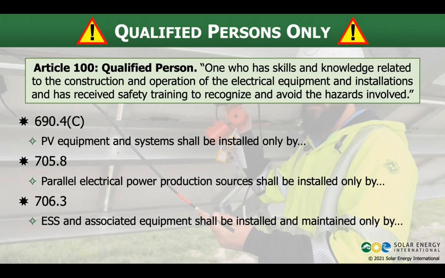Now this one's a little tricky because in a lot of places, how do you become a qualified person? Well, in some areas, it's, hey, I passed a contractor's exam, I'm licensed, and I have insurance. I'm able to pull permits, I'm able to call for inspections, I'm able to sell the equipment and install it, I'm a qualified person. Other jurisdictions may have different interpretations of what it means to be a qualified person. That's a big word, interpretation.